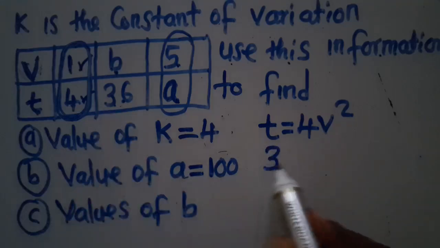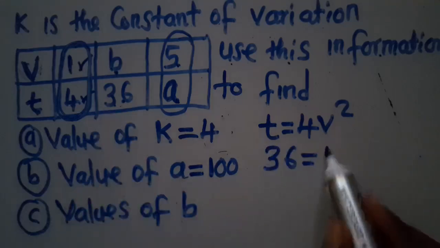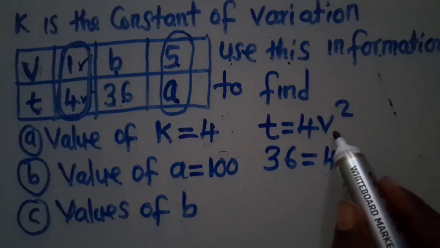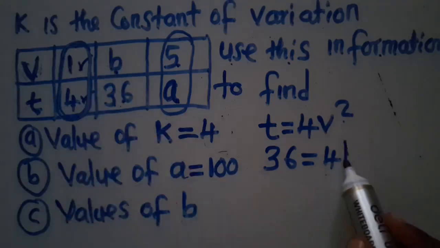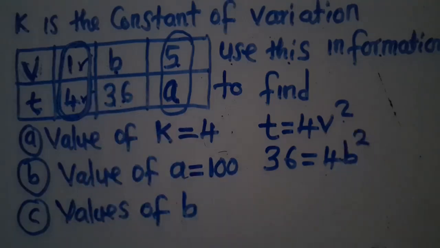So this is 36 is equal to 4, then where there is V, you put B. So B squared. It is just a matter of substituting and understanding the question, because everything is simple here.